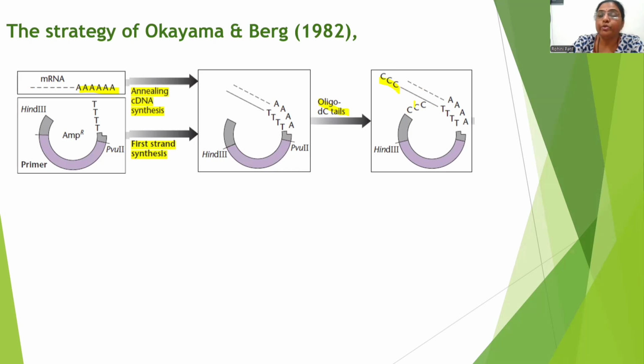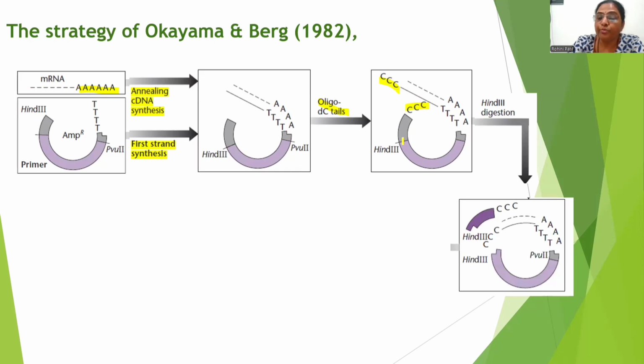On the vector we don't want this poly-C, so there is a HindIII digestion; there is a HindIII site present, so that this part of the vector is going to be removed.